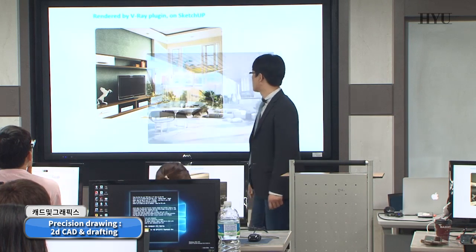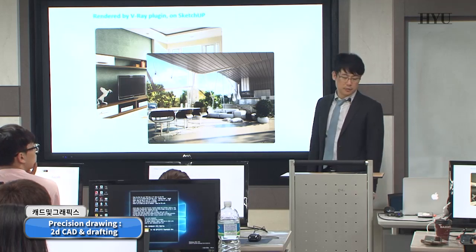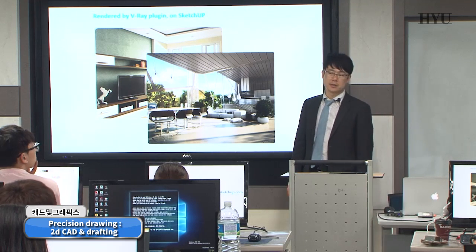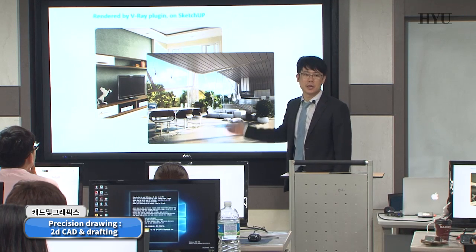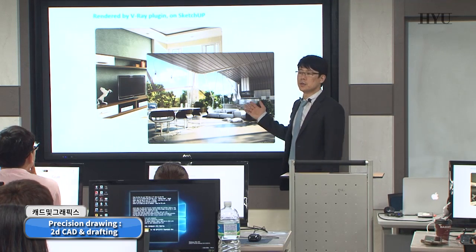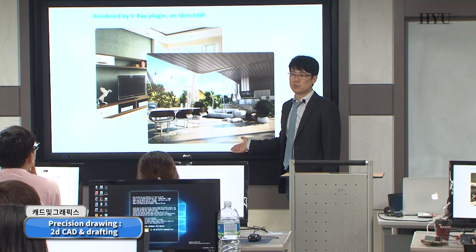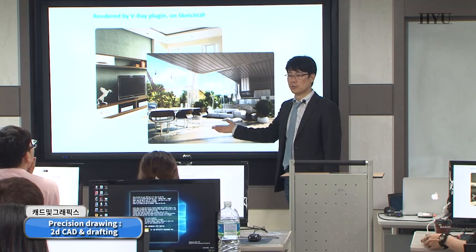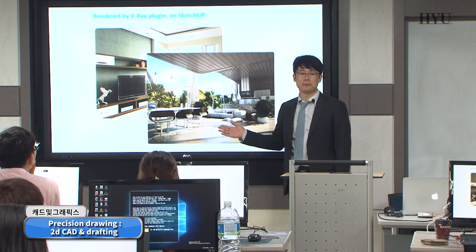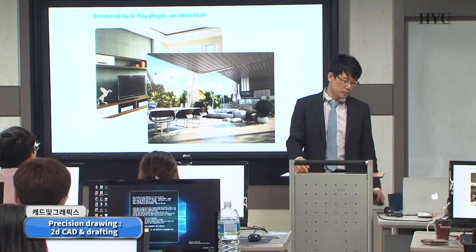Photorealistic render scenes, and some other types of photorealistic render scenes given by the V-Ray website for SketchUp. V-Ray is a plugin, so you can download the demo version or you can buy it for Rhino, for SketchUp, or for 3ds Max, okay?